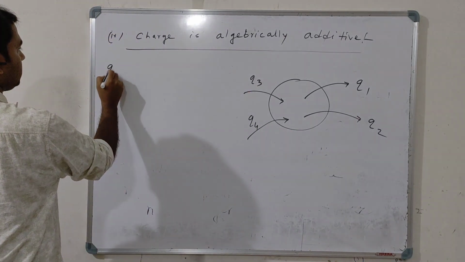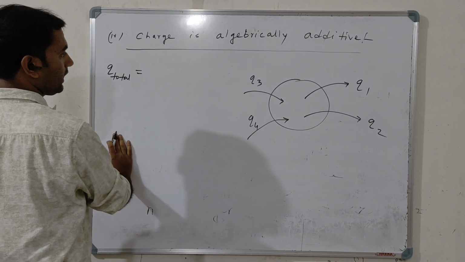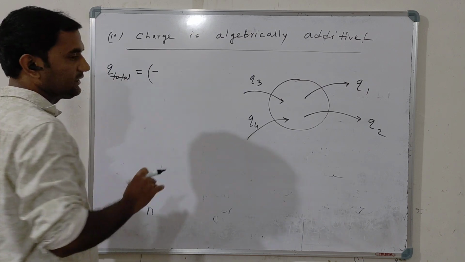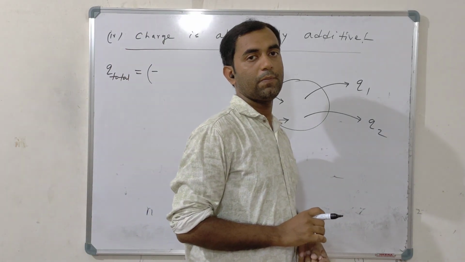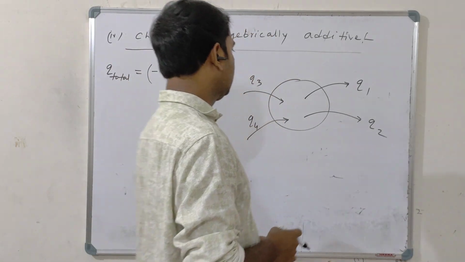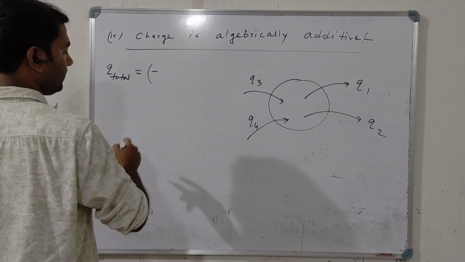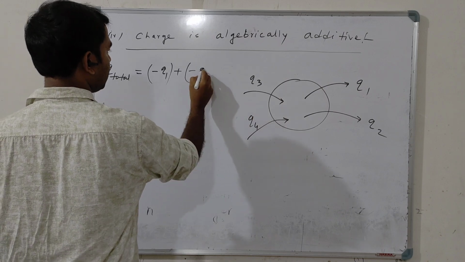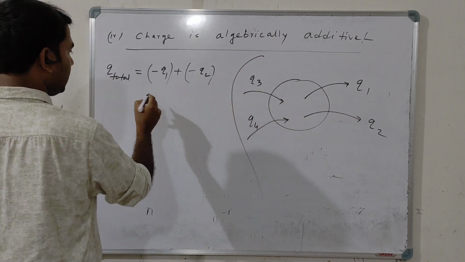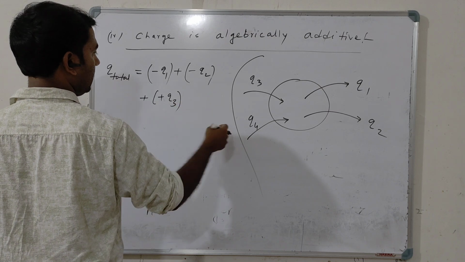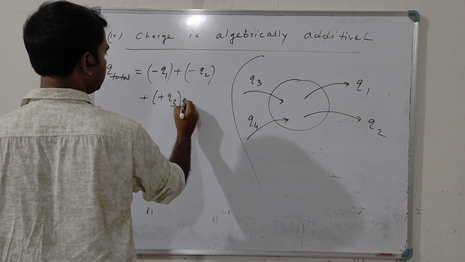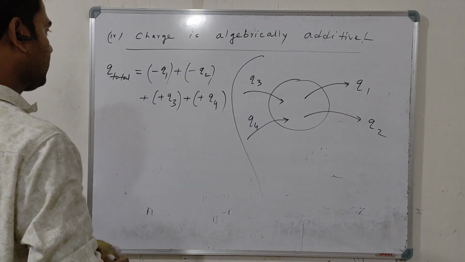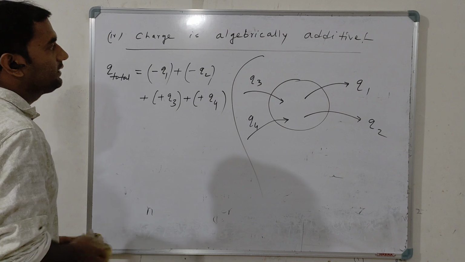So the total charge of the system will be: Q1 is leaving, so the sense of leaving is dealt with a negative sign, whereas entering is considered positive. Minus Q1, Q2 is leaving so minus Q2, Q3 is entering so plus Q3, and Q4 is also entering so plus Q4. Charge is a scalar quantity, so they can be added algebraically.